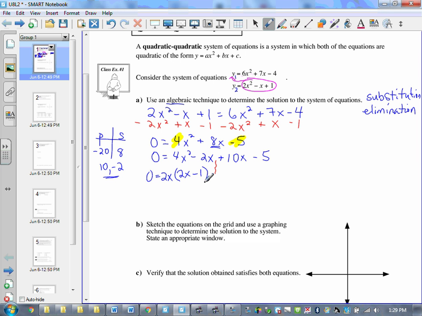With our second two terms, we can factor out a positive 5, leaving us with a 2x minus 1. Now we've got a common factor with both of these new terms. Factor out that common factor. We've got 2x minus 1 being multiplied by 2x plus 5. We're getting there.